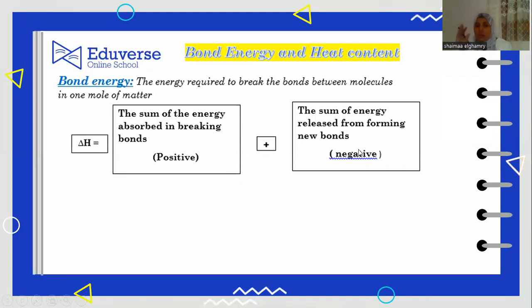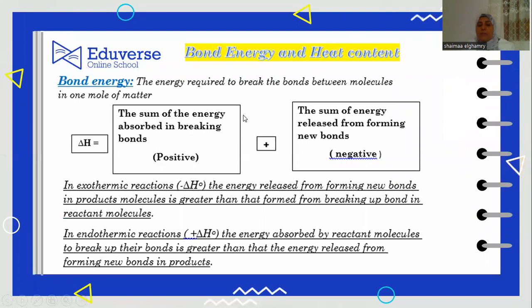So we should write the chemical equation in a correct way and detect the number of moles, and also detect the structure of the chemical formula so that we can detect the bond energies.